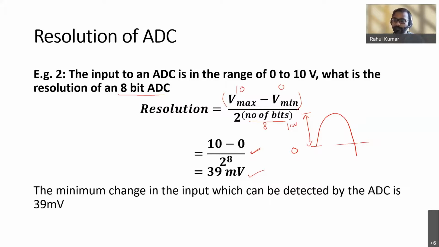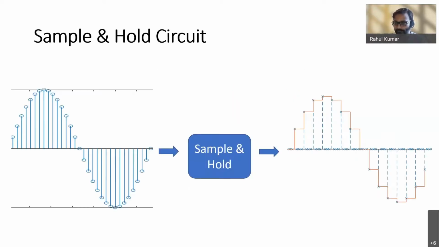In the two examples which I have given, we can see that by increasing the number of bits, previously we used 3 bits, now we are using 8 bits, the resolution can be increased. So if you want to detect very small signals, you should use a large number of bits.